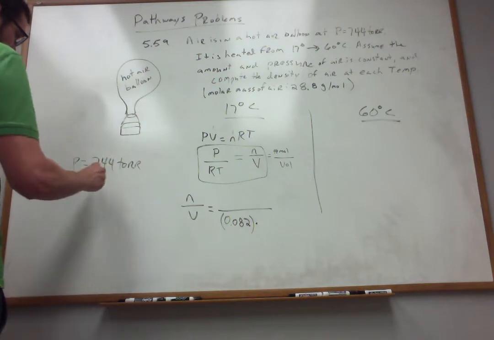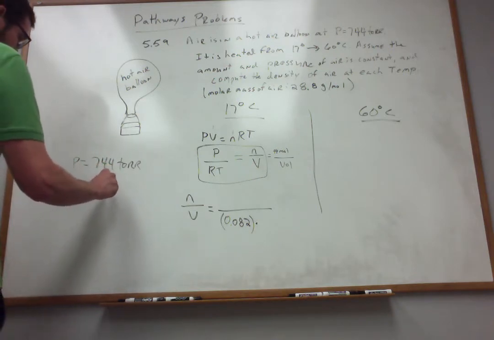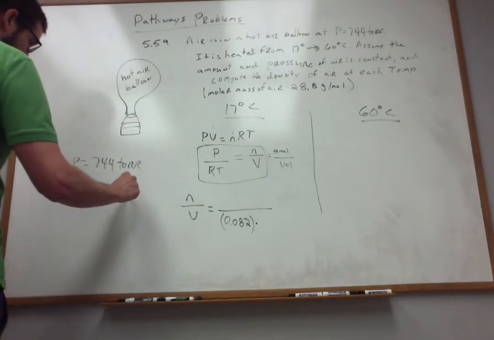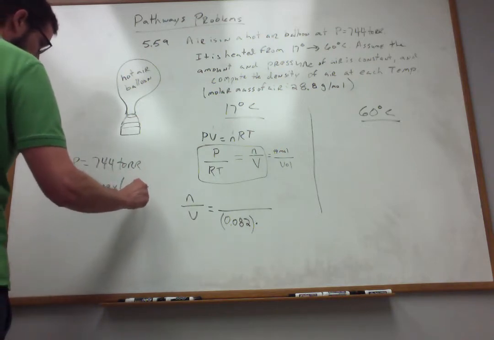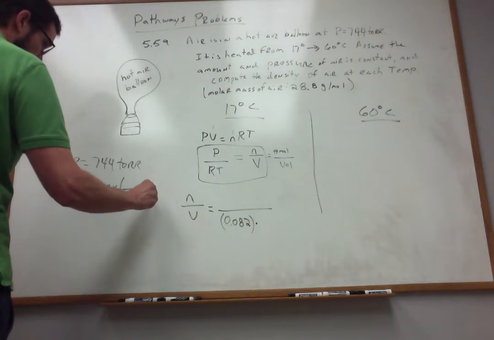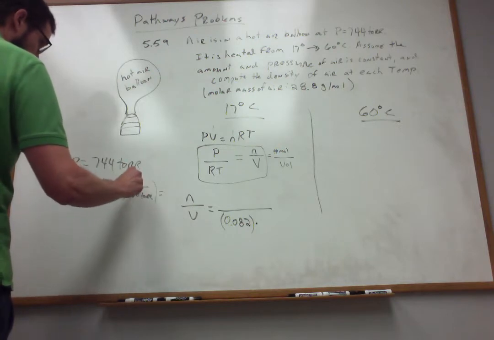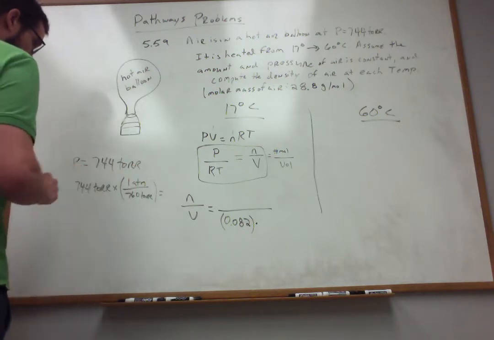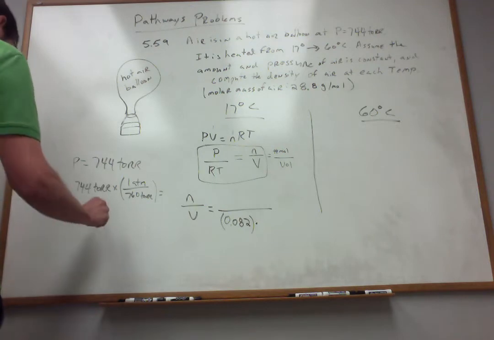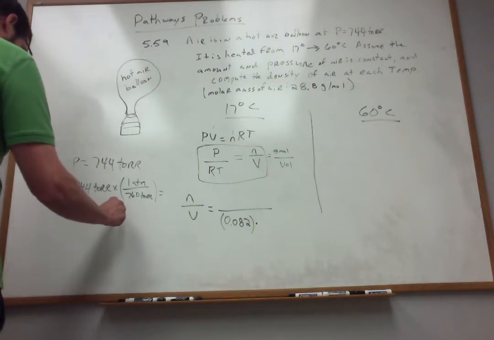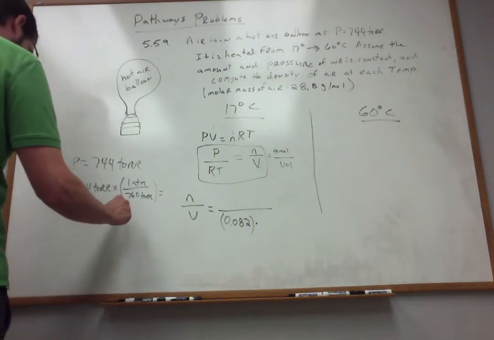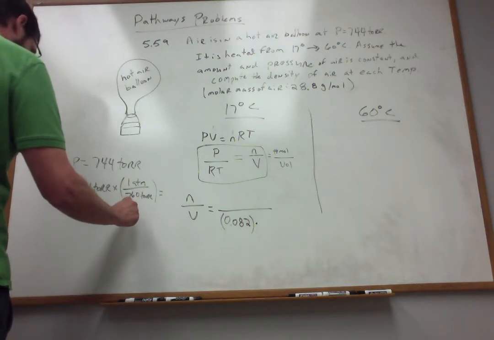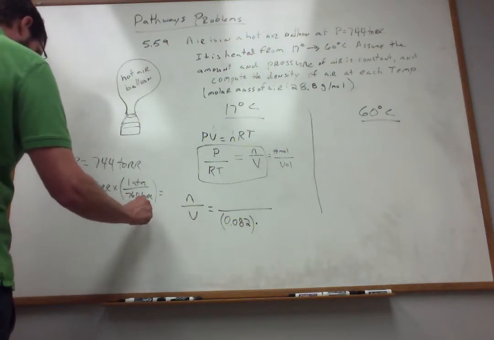That is not in atmospheres, so I need to convert. One of the first things I need to do is divide by 760, the reasoning being that 1 atmosphere is equivalent to 760 torr. If I do that, I find that the pressure in this instance is 0.9789 atm.